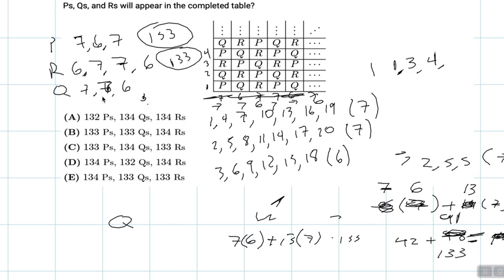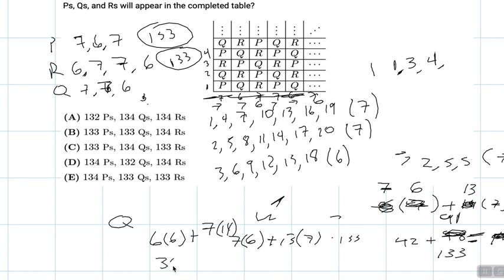But for Q, I'm leaning towards C here. Q is going to be, this 6 is only going to show up 6 other times. So we'd have 6 times 6 plus 7 times 14.